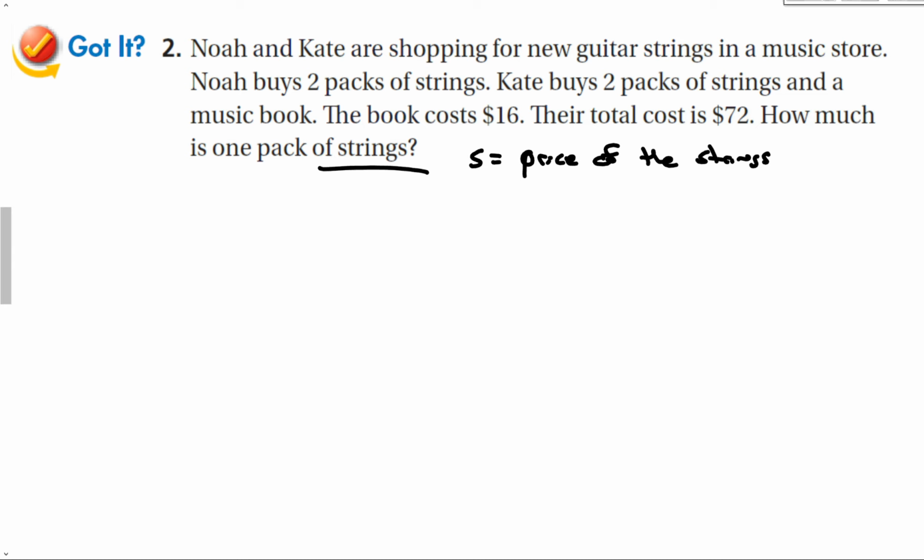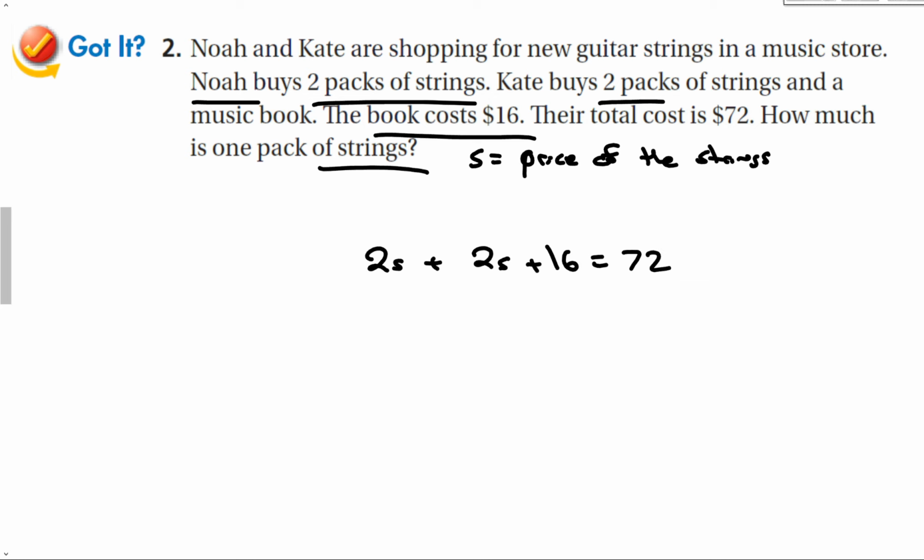So we have that Noah buys 2 packs of strings. Kate buys 2 packs of strings plus a music book, which is $16. And that's all going to be equal to 72. Okay?